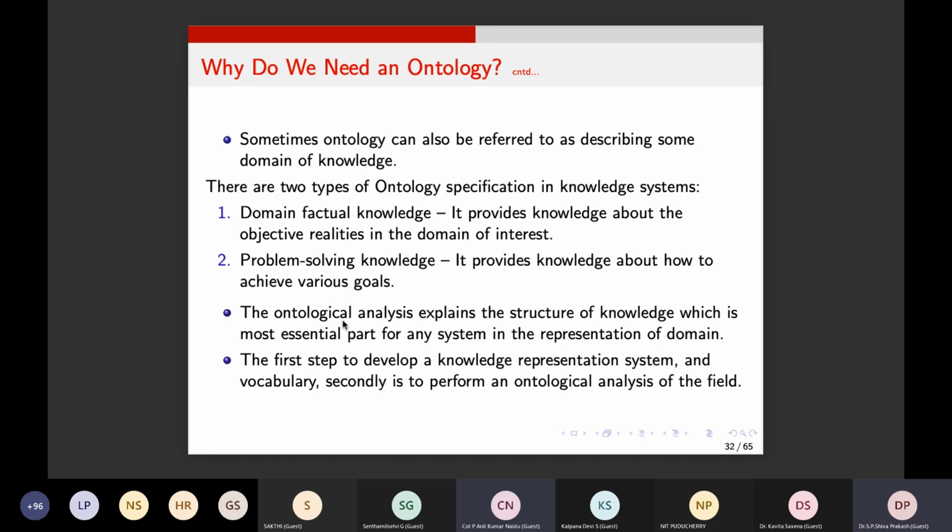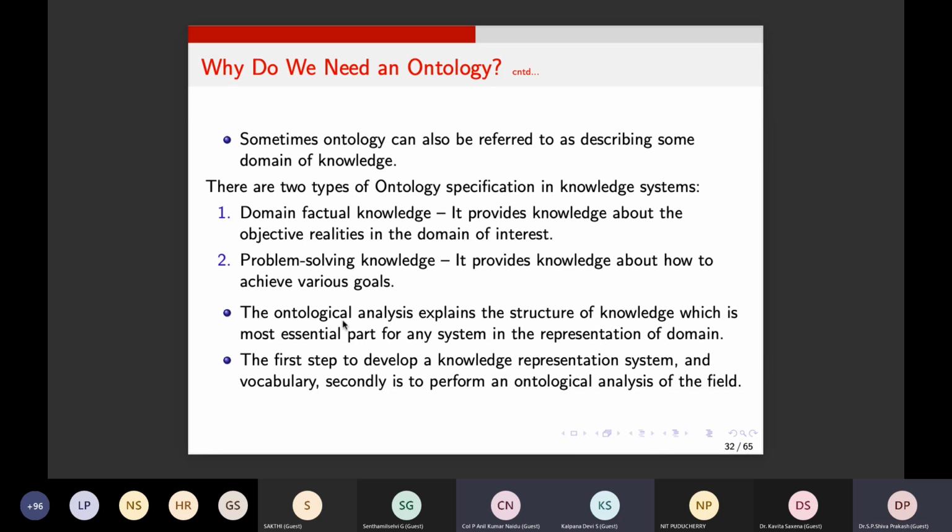One is domain factual knowledge, another is problem solving knowledge. The domain factual knowledge provides the knowledge about the objective realities in the domain of interest. Whereas problem solving knowledge provides us the knowledge about how to achieve various goals.